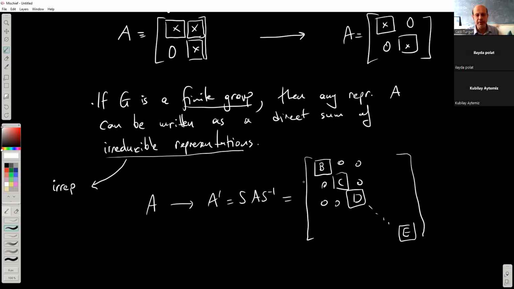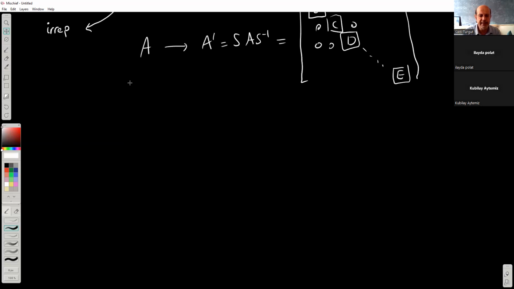Second, for each irreducible representation, I can take similarity transformations and find equivalent representations, but they are really not different actually. So I'm assuming that I'm just going to select one representation from each class of irreducible representations. But since the group is finite, I can assume that these are unitary, right?